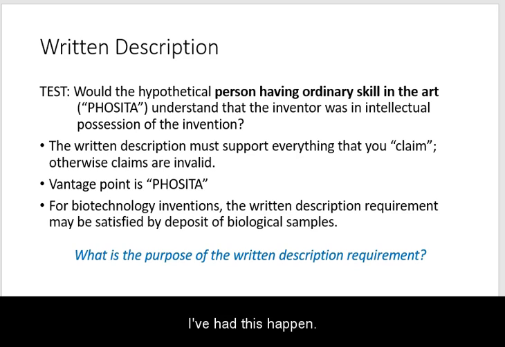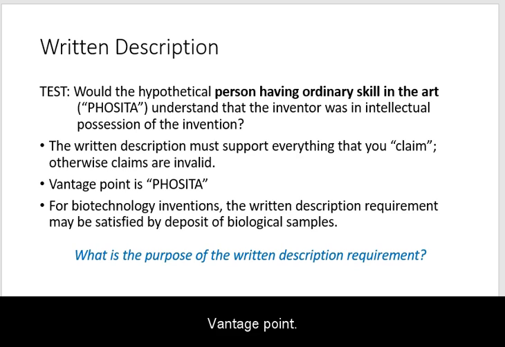I've had this happen with a few clients where their written description was a little lax, a little too narrow, and thus the claims were not reflected in the spec and were thus rejected.